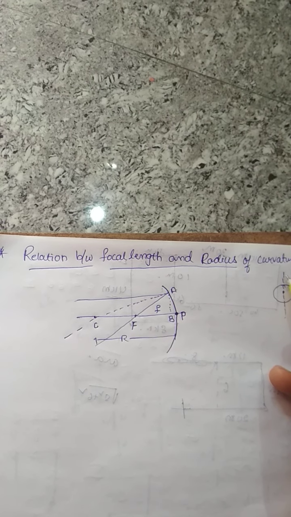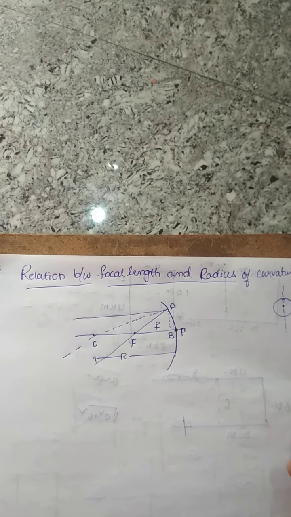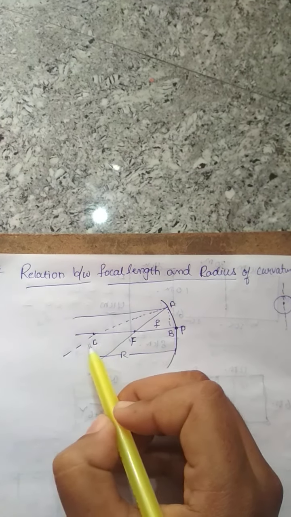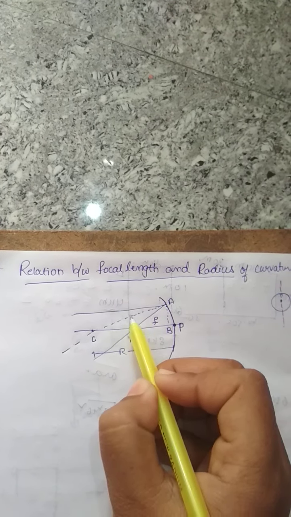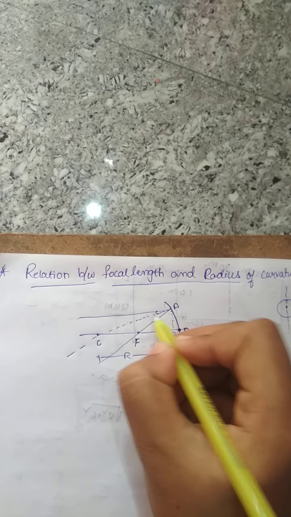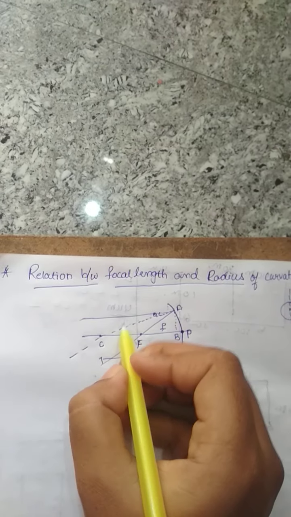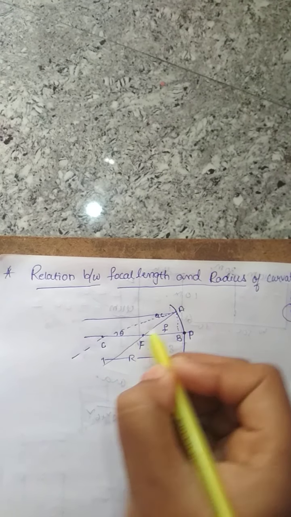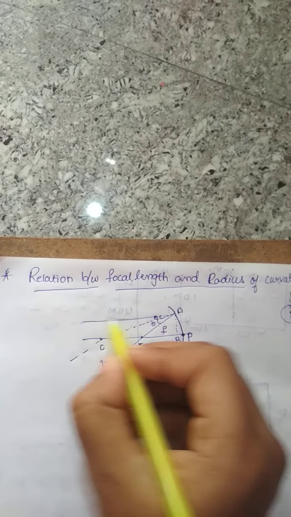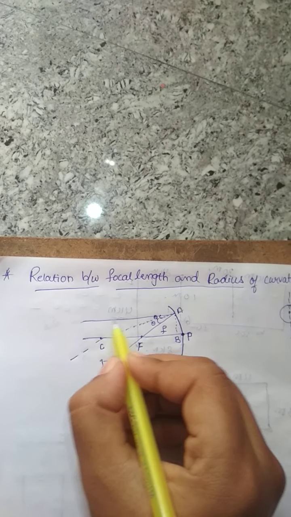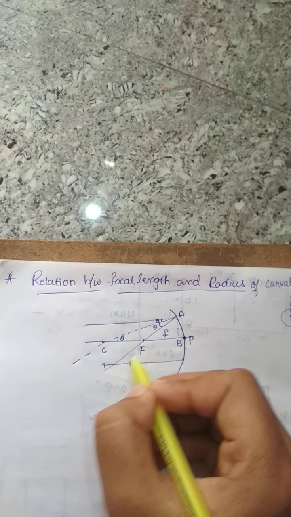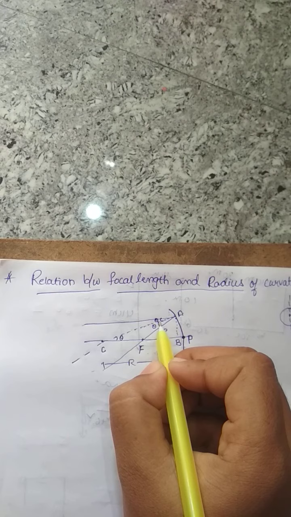This line passes through the center of curvature, the center of the sphere. Here it makes an angle theta, and this is also theta. So the light ray incident on a spherical mirror will reflect with the same angle theta.